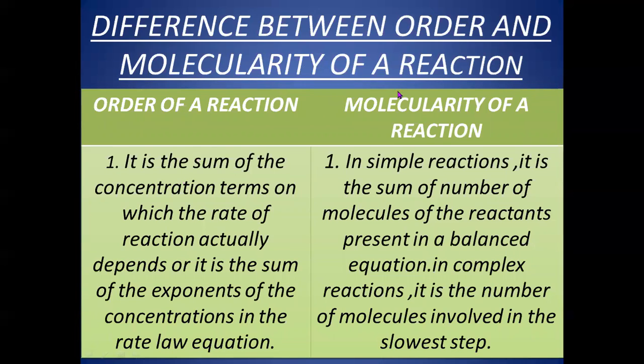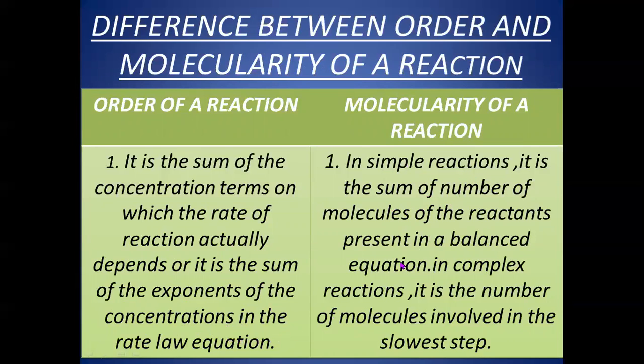Now, the difference between order of reaction and molecularity of the reaction. The first difference is that order of reaction is the sum of concentration terms on which the rate of reaction actually depends, or it is the sum of the exponents of the concentrations in the rate law equation.